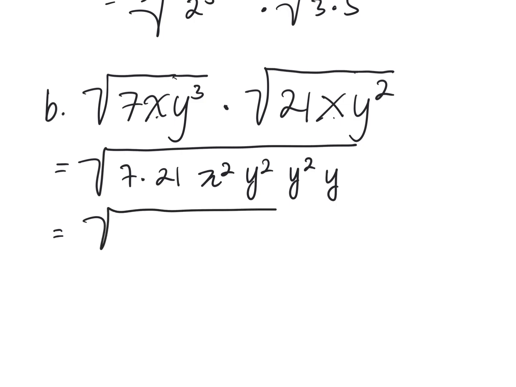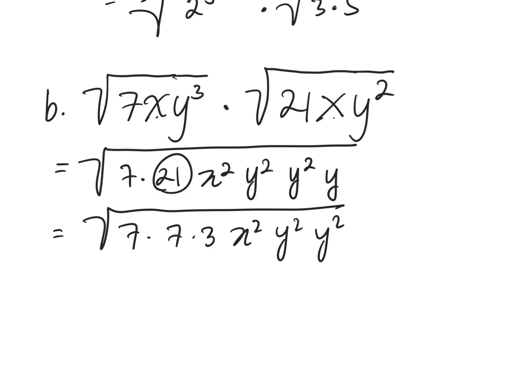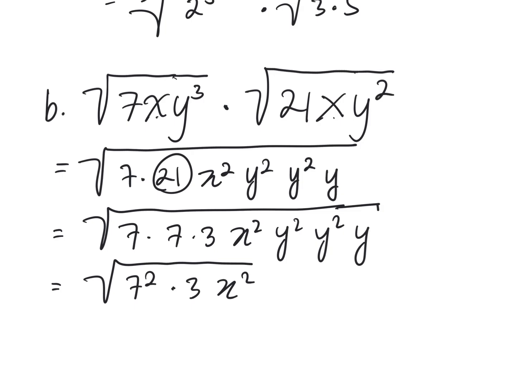The factors of 21 are 7 times 3. So we're going to follow that, x squared, and then y squared, and then y. This is going to give you 7 squared times 3, and then x squared, and then y.